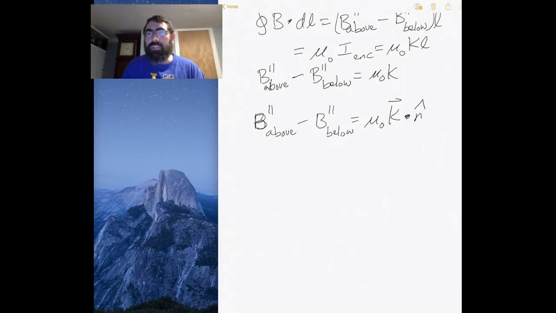So what does this mean? Well, if the difference in the magnetic fields is not zero, that means they're not the same. And the difference in these magnetic field components turns out to be the current density.